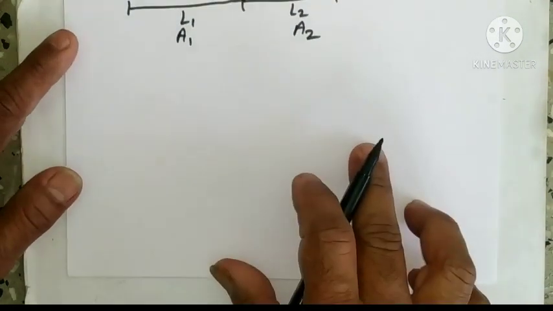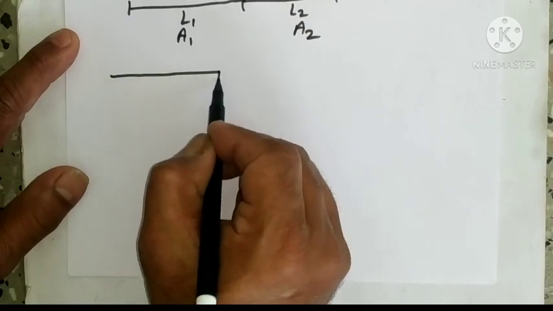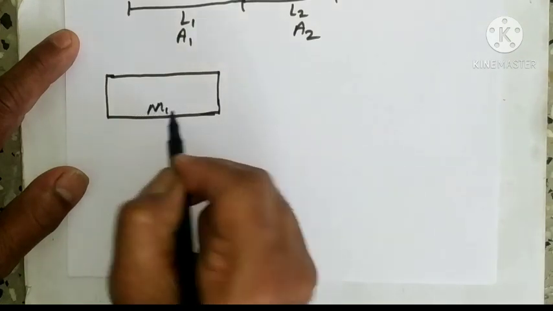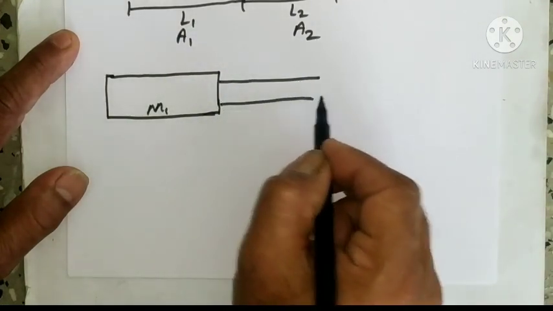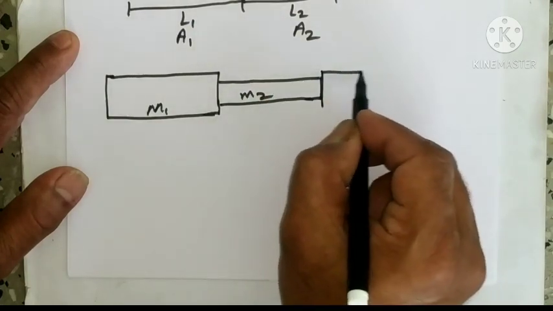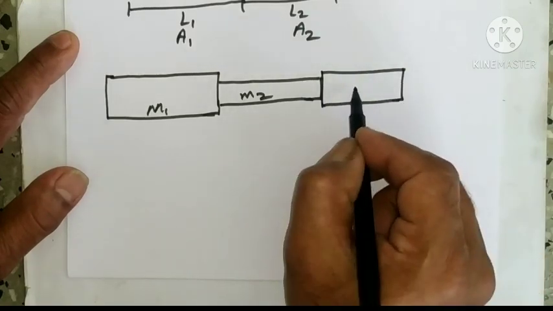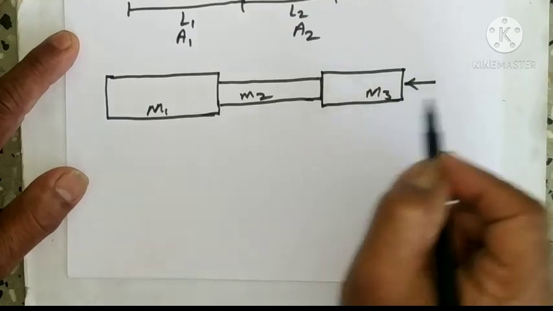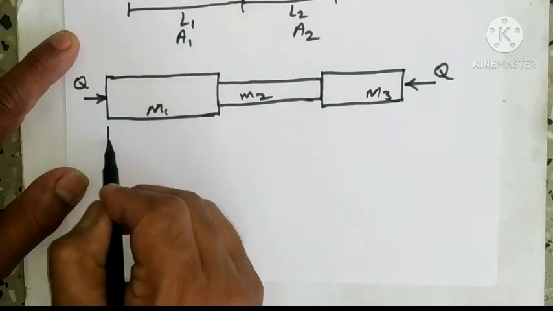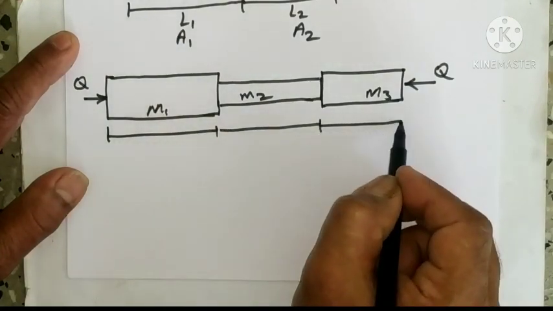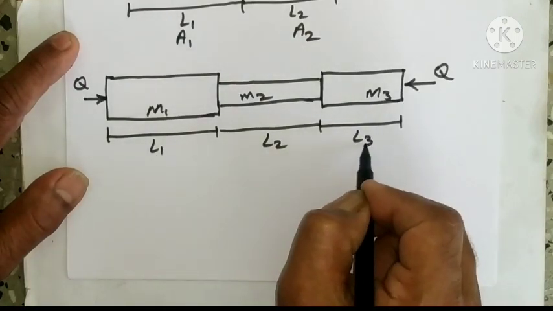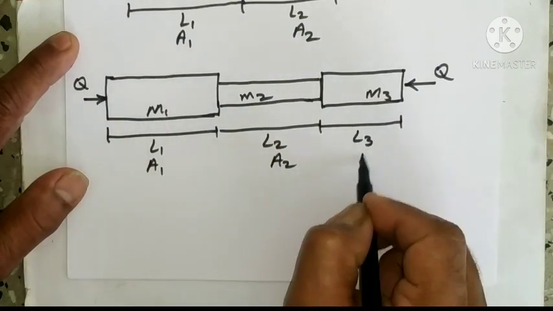Another example, material 1, material 2, material 3 subjected to compressive force Q, and length as well as cross-sectional area different, A1, A2, A3.